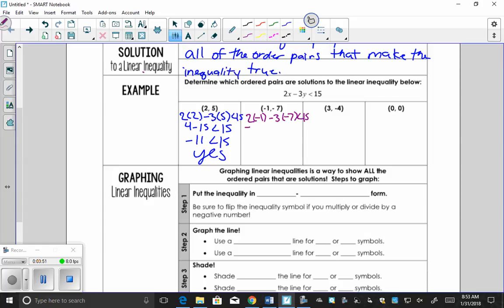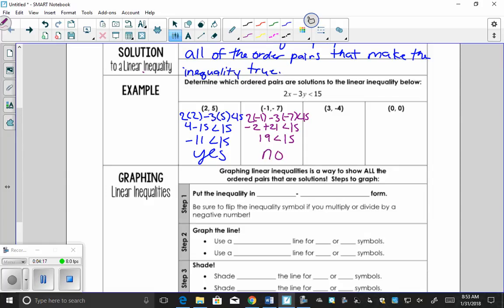Negative 2. Negative 3 times negative 7 is? Positive or negative? Positive. So negative 2 plus 21, what is that? 19. Is 19 less than 15? So your answer is no.